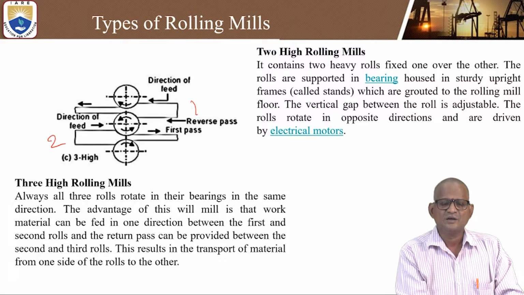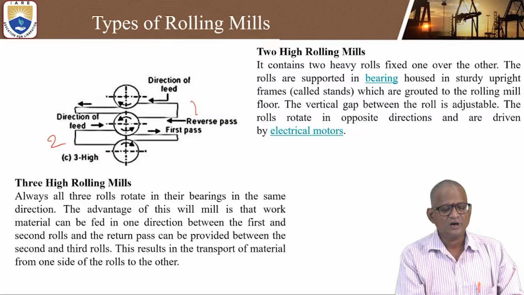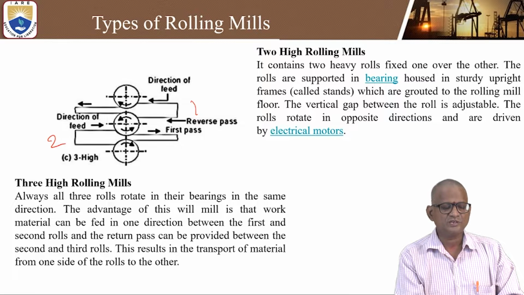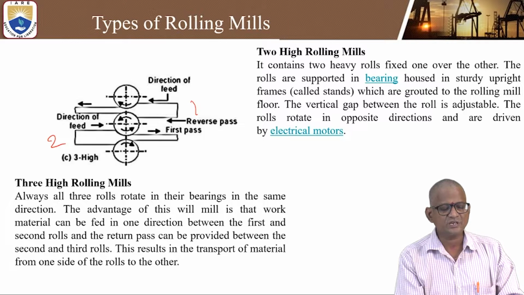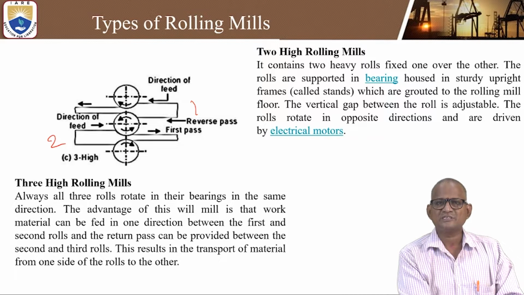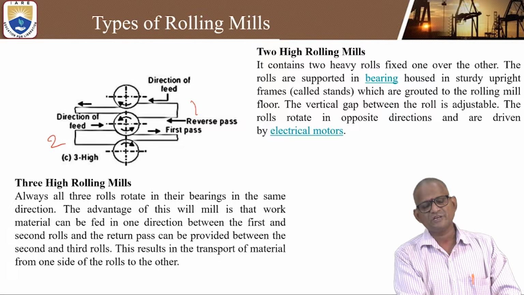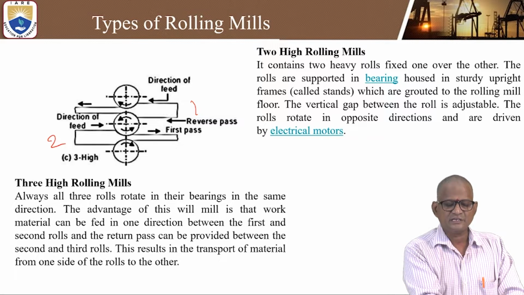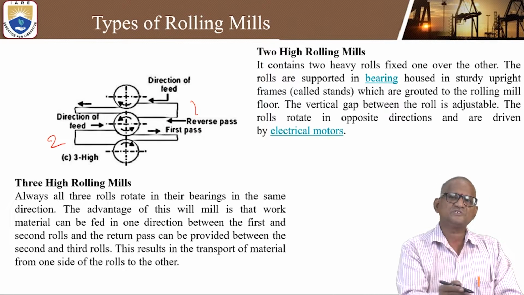So like that, with more than 2 rollers, we call it a 3 high rolling mill, or we can also call it a multiple pass rolling machine. Okay, 2 rollers can be used for one pass, and another 2 for the other. So one roller, the central roller, is common to the top and bottom rollers. Wherever you feed, it can be in either this direction or this direction. Whatever the direction, the 2 rollers will be in opposite directions.